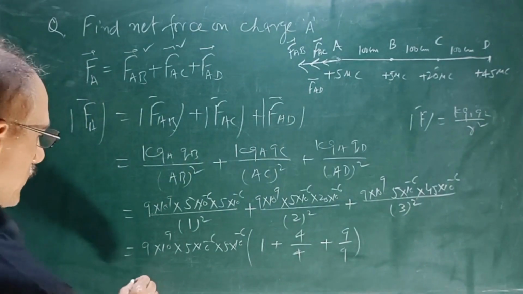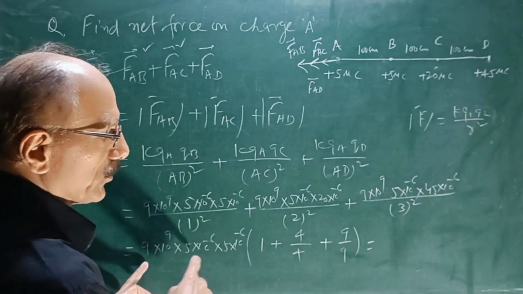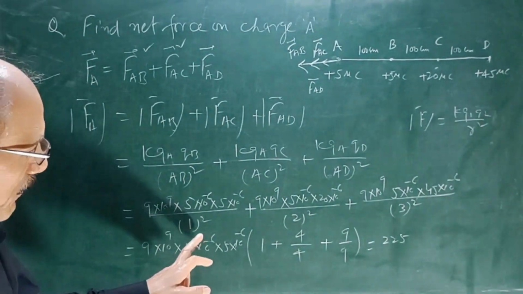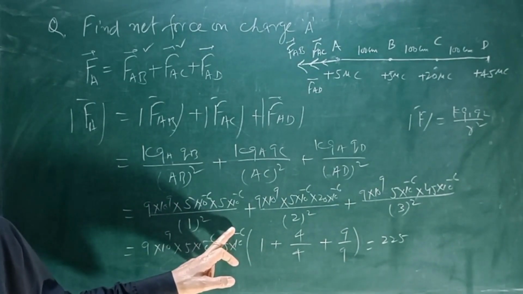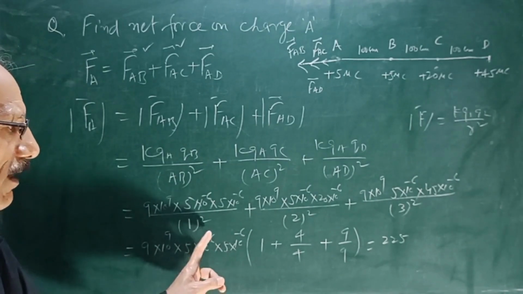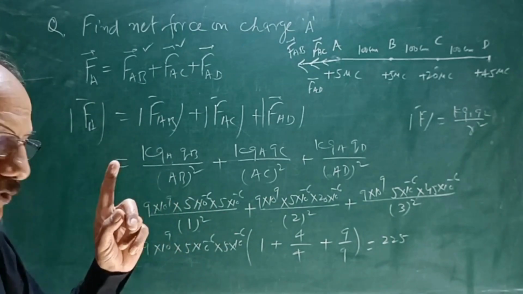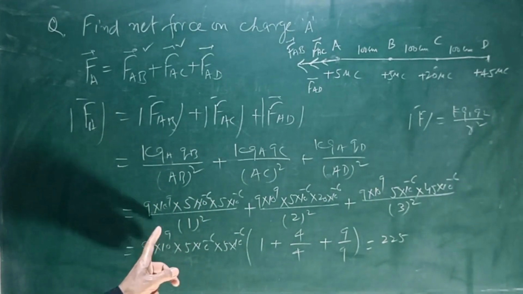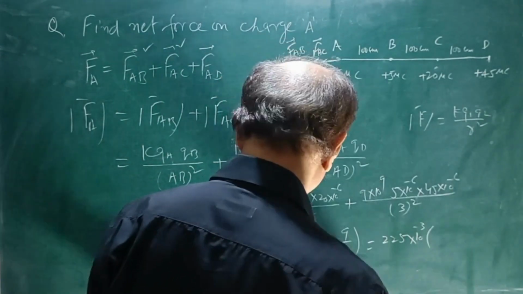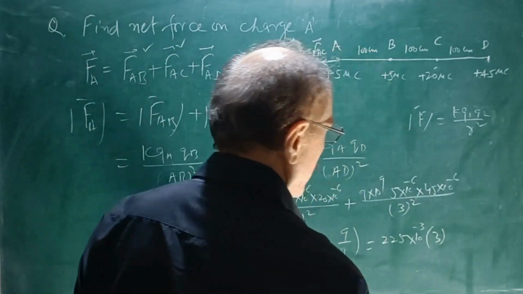So you get simply 5 fives are 25, and 9 twos are 18. Here it is 10 to the power 9 and here minus 6 and minus 6. When there is multiplication the powers are added. So minus 6 plus minus 6 will be minus 12, and plus 9 will be minus 3. So 10 raised to power minus 3, into this is 1 and this is 1, so it will be 3.